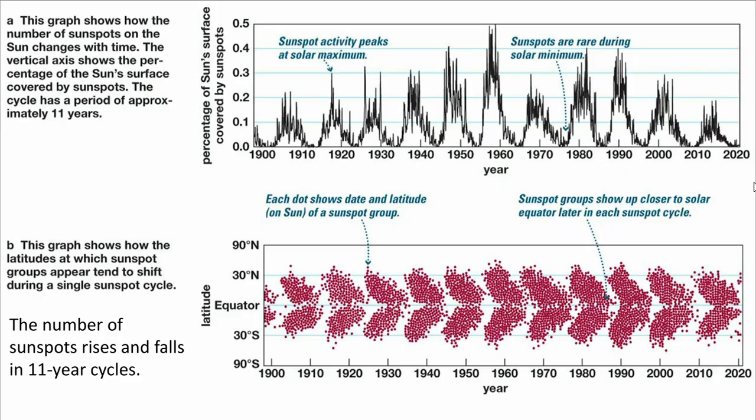And then as time goes on, they migrate or start to appear closer towards the equator of the sun. But either way, you still see about an 11-year period between the sunspot activity. And the bottom graph is sometimes called a butterfly graph because the dots look like they make the wings of a butterfly.